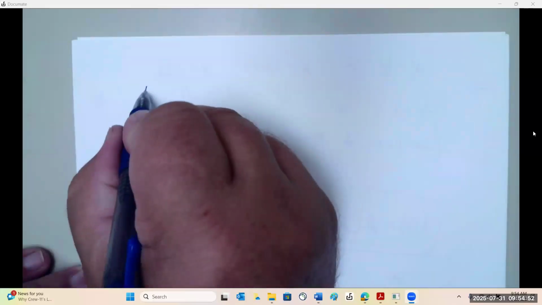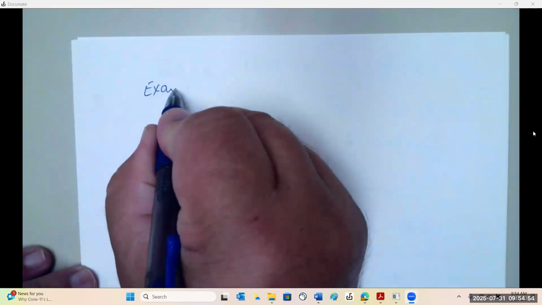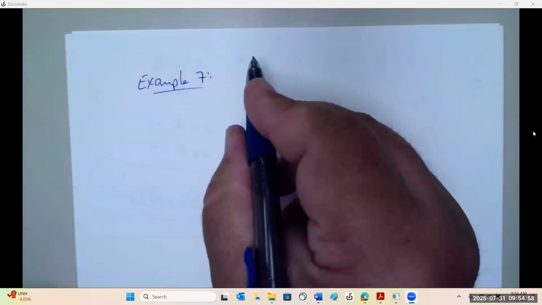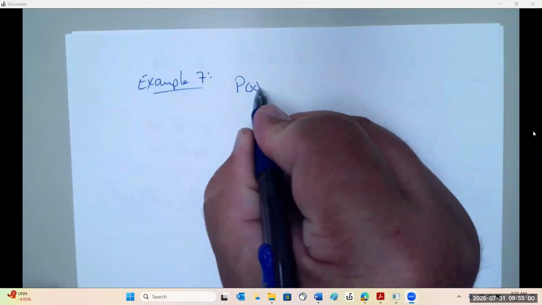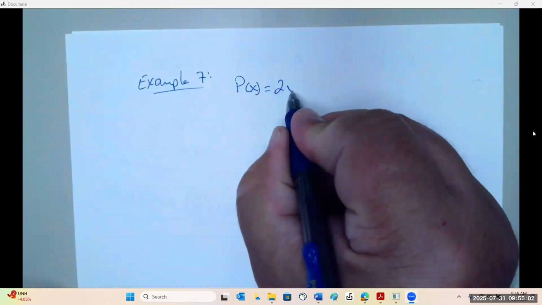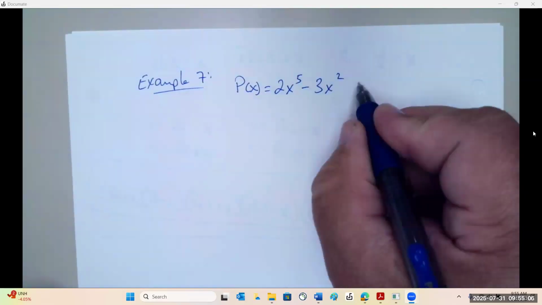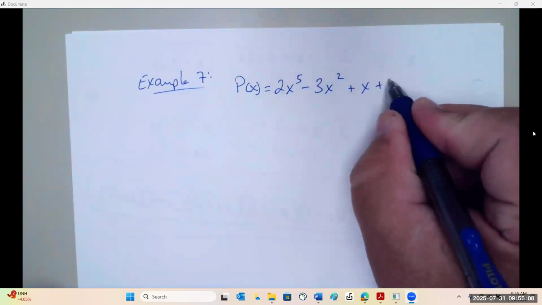Let's look at this first one. Example 7: 2x to the 5th minus 3x squared plus x plus 4.